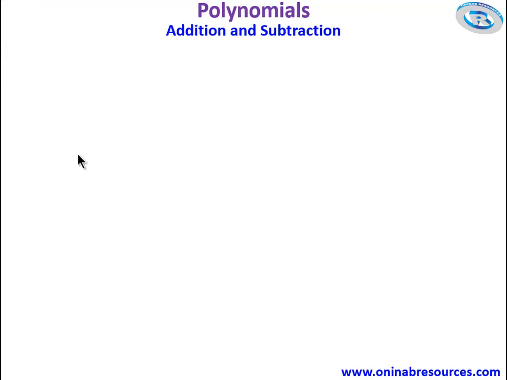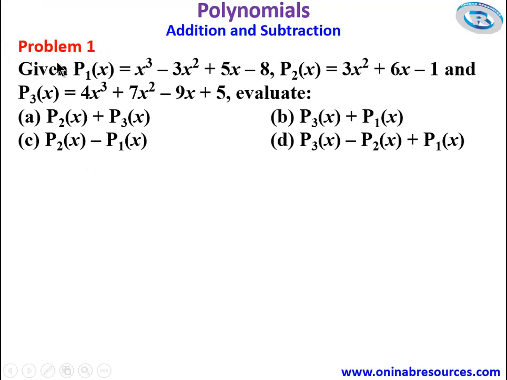So we start with problem 1. Given p1 of x equal to x cubed minus 3x squared plus 5x minus 8, p2 of x equal to 3x squared plus 6x minus 1, and p3 of x equal to 6x cubed plus 7x squared minus 9x plus 5.